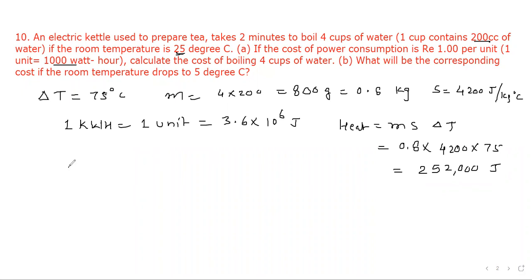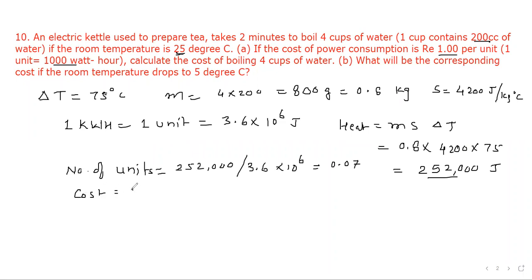So number of units will be equal to this value, 252,000 divided by value of 1 unit, that is 3.6 into 10 power 6. So this will come out to be 0.07 units, and the rate of 1 unit is 1 rupee, then cost will be equal to 0.07 units. That is 7 paise.